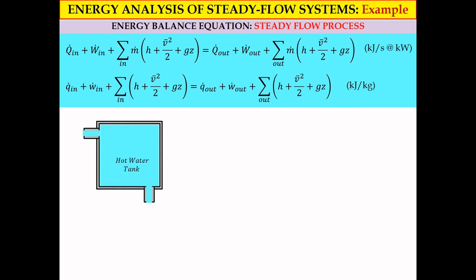Let's say we have a hot water tank with one inlet and one outlet. The dotted red line represents the control volume.